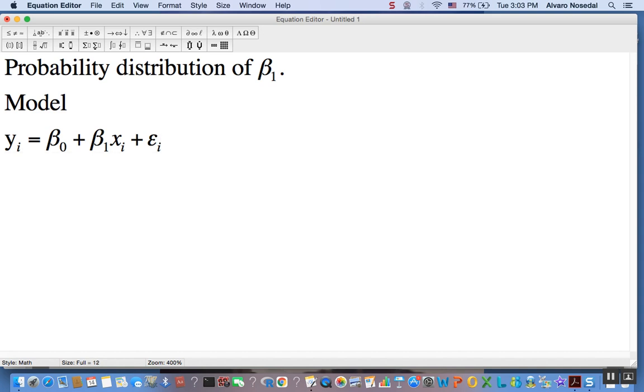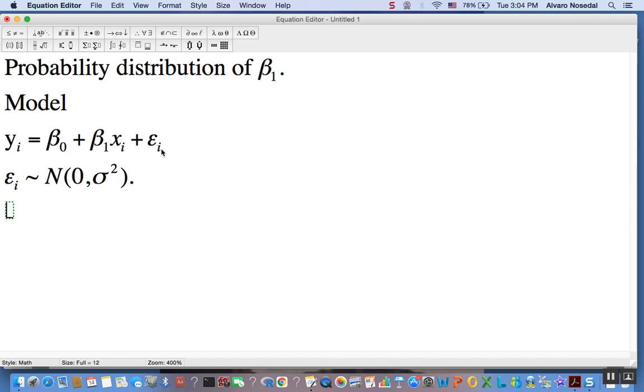So, as we said, what we are assuming is that epsilon i has a normal distribution with mean 0 and variance sigma square. And that's an assumption, okay? And that the epsilons are independent.